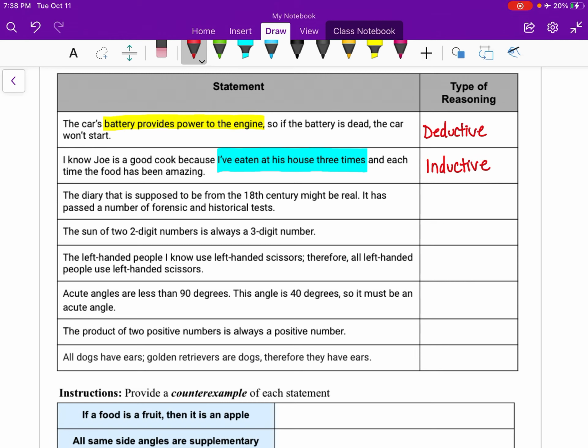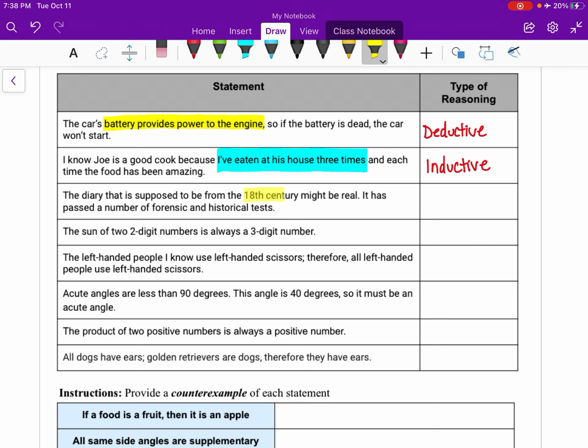Let's also read the next statement. The next statement says, the diary that is supposed to be from the 18th century might be real. It has passed a number of forensic and historical tests. Now, this also includes facts and figures.